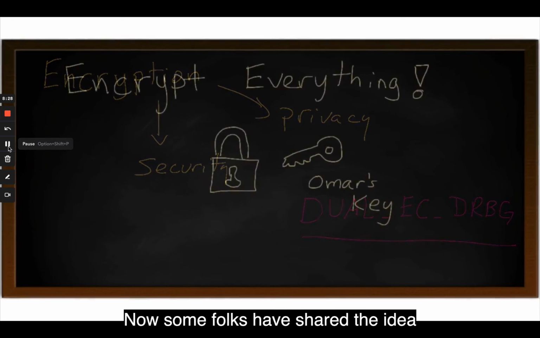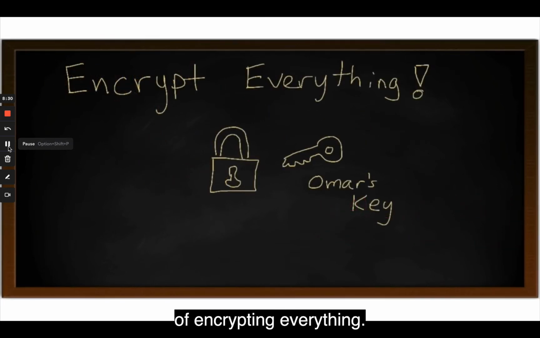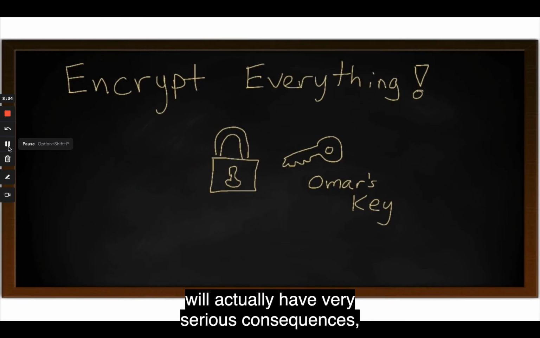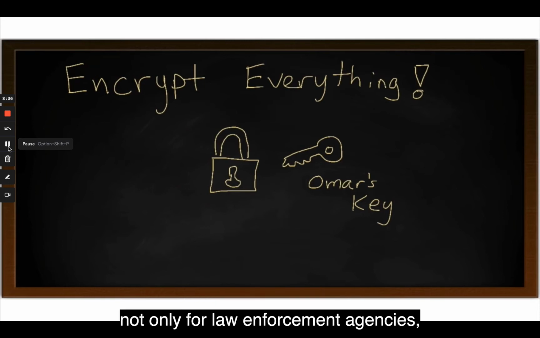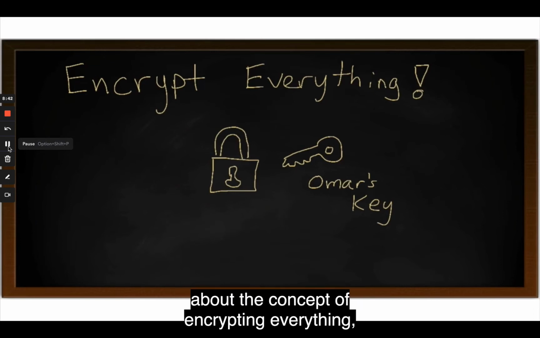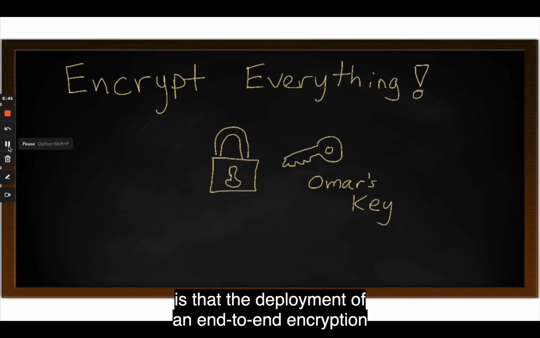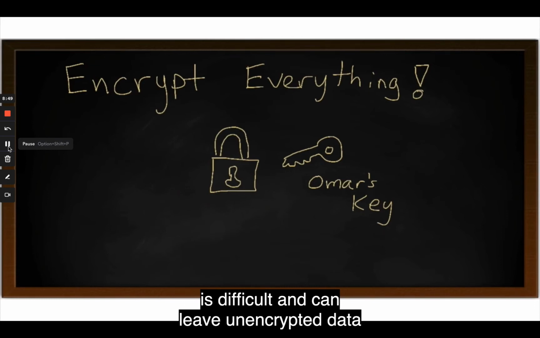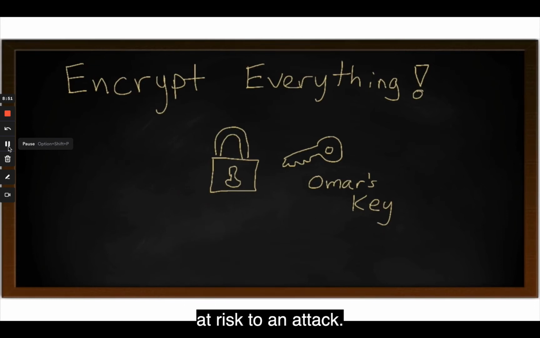Now, some folks have shared the idea of encrypting everything. Encrypting everything would have very serious consequences, not only for law enforcement agencies, but for incident response professionals, right? Something to remember about the concept of encrypting everything is that the deployment of end-to-end encryption is difficult and can leave unencrypted data at risk of an attack.